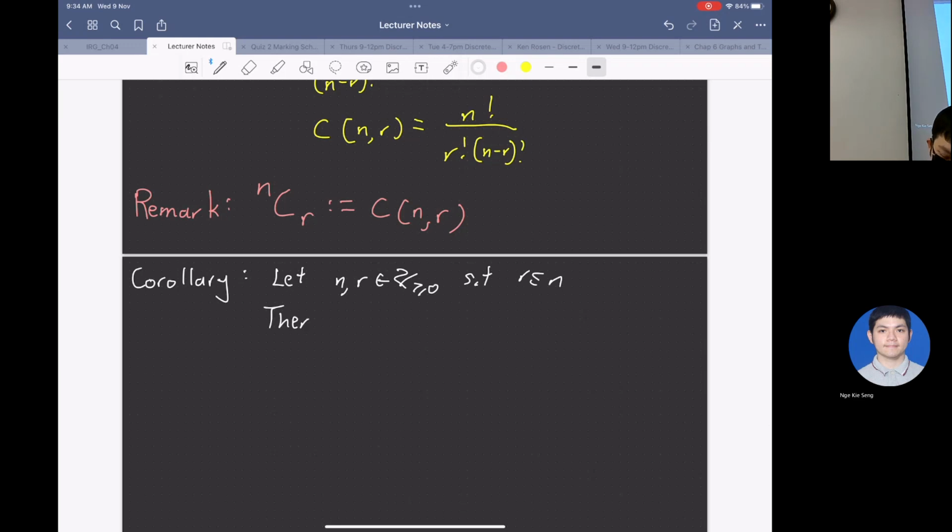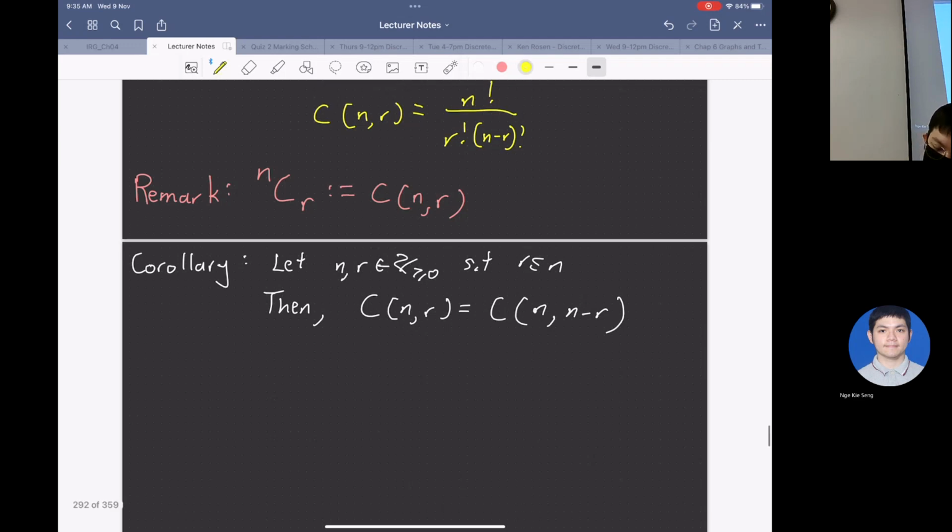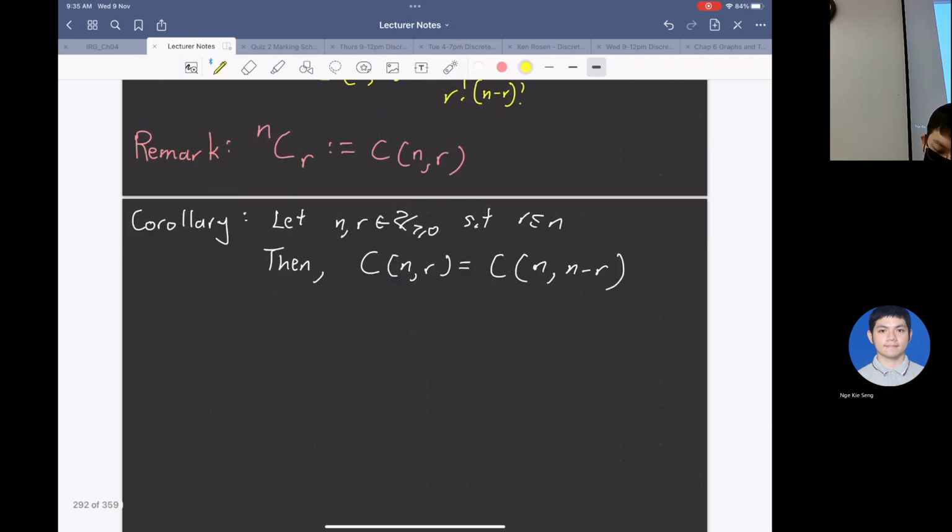What do you notice? You notice that C(n,r) is equal to C(n,n minus r). So what does this mean? For example, C(5,2) is equal to C(5,3).